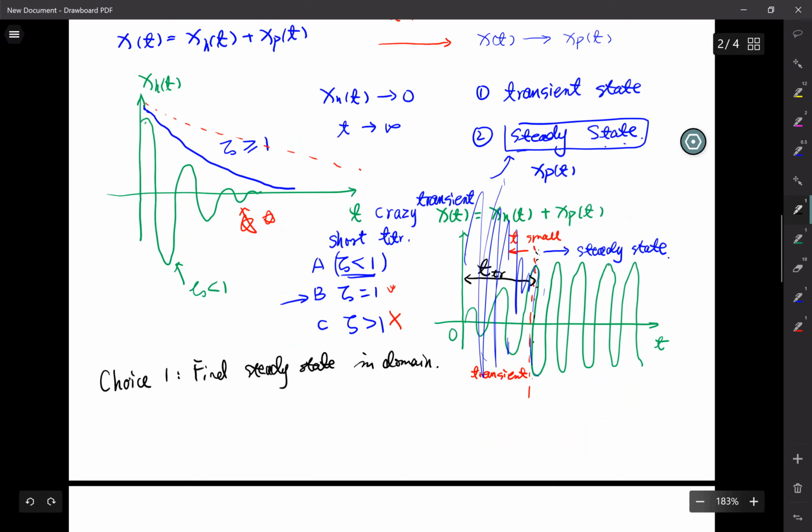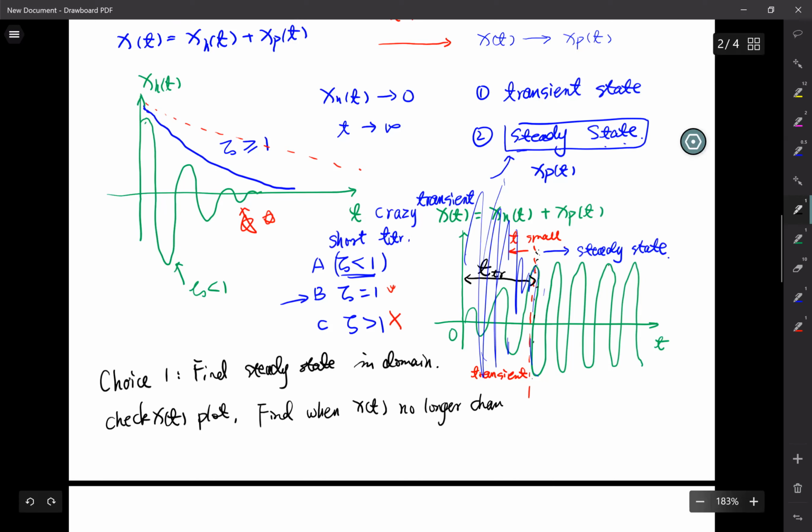So what you do is either calculate or measure your time domain response and then check the x(t) plot, to find when x(t) no longer changes.